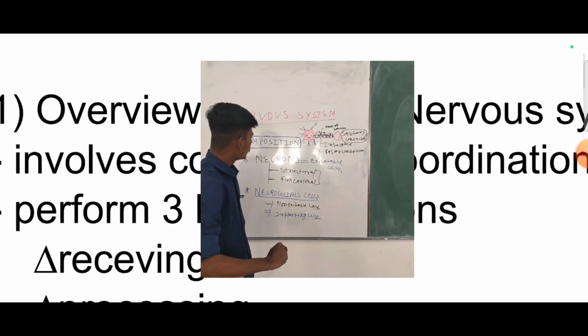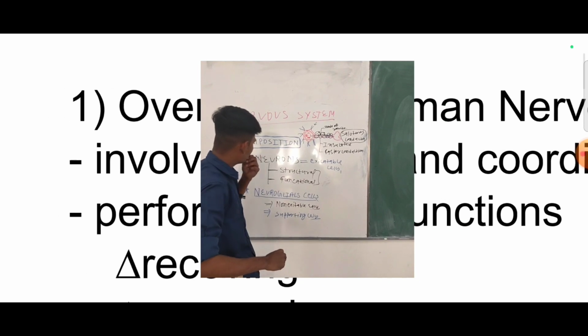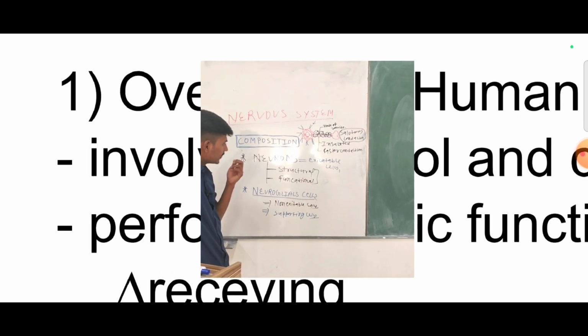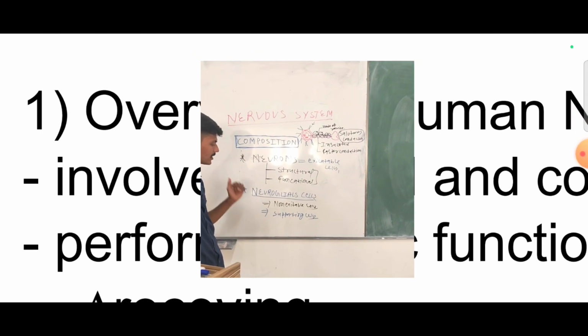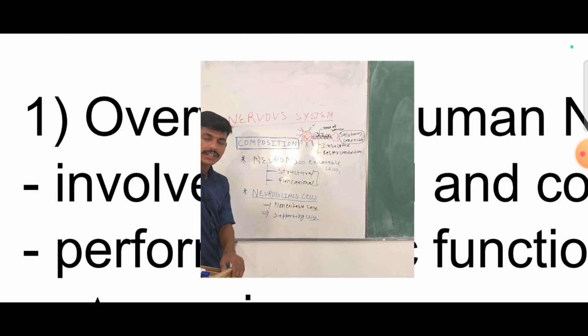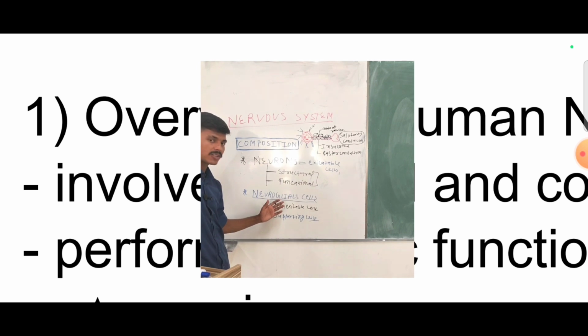Okay, clear? Now if you ask about the numbers, some modern research says the neurons and neuroglial cells are the same in number, and sometimes the number of neuroglial cells becomes more.